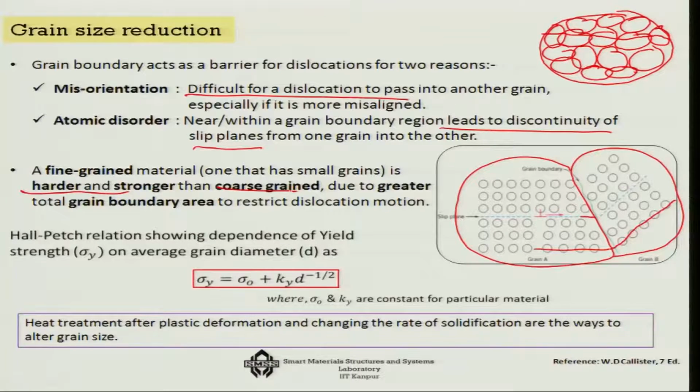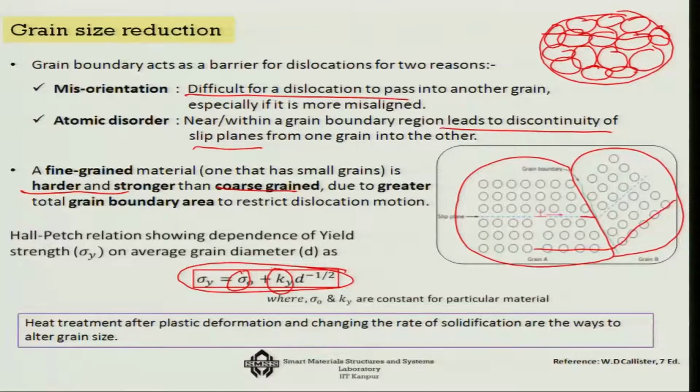Hall first observed this in steel alloys, and later on Petch independently observed the same, not for steel alloys but for other alloys. What Hall noticed is that the relationship between the yield strength and the average grain diameter d follows a nonlinear relationship, and there are two constants, sigma 0 and ky, which govern this relationship.